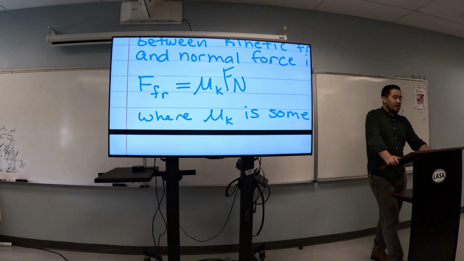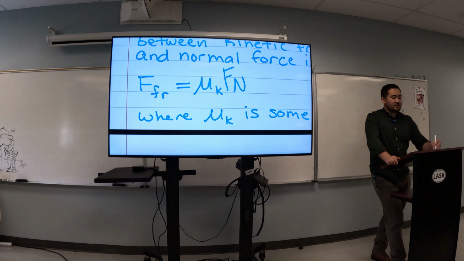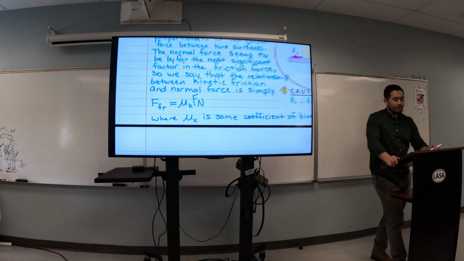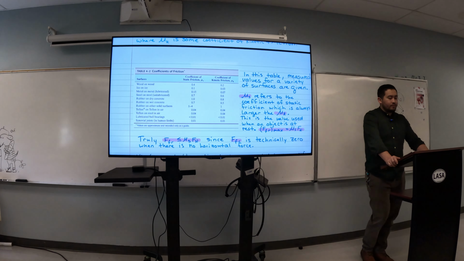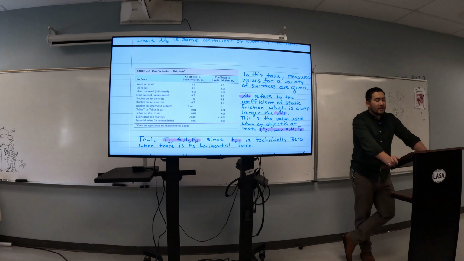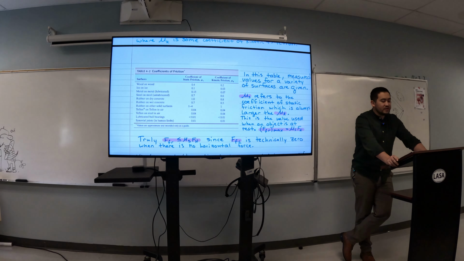And that's going to be the same for static friction, except that instead of mu sub k, we'll have mu sub s for the coefficient of static friction. Mu sub s refers to the coefficient of static friction, which is always larger than mu sub k.